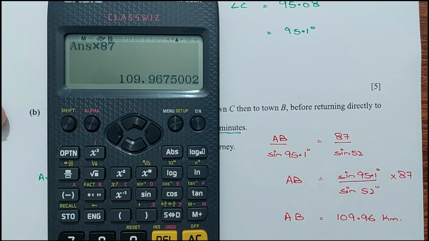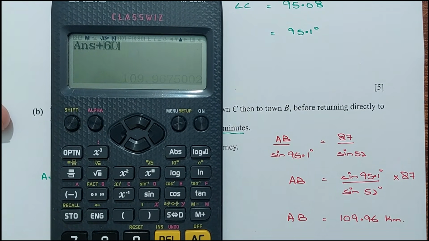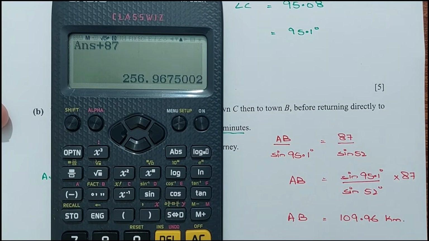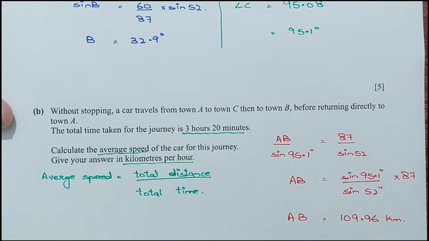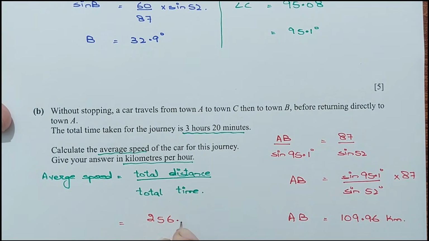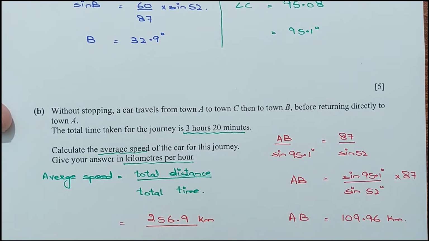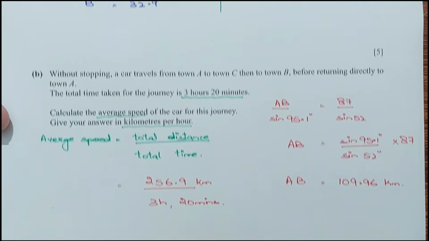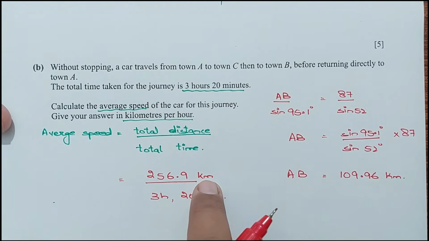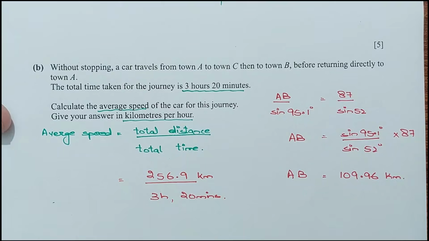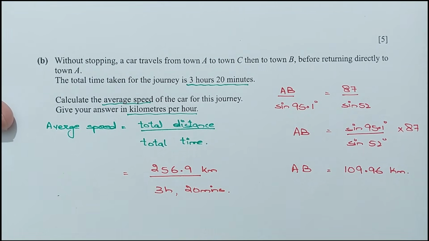Now the total distance traveled would be adding 60, 87 and 109.96, which is 256.9 kilometers, and the time is 3 hours and 20 minutes. We have to find the answer in kilometers per hour, so we have to convert minutes into hours.